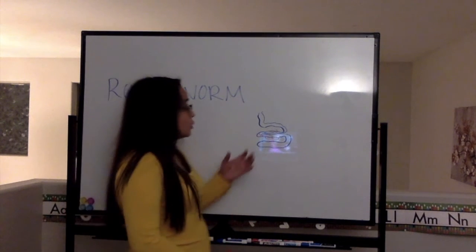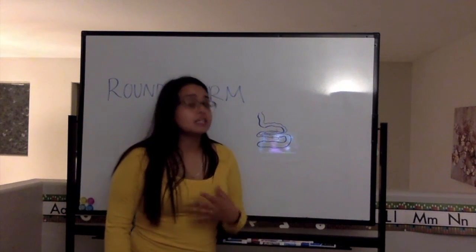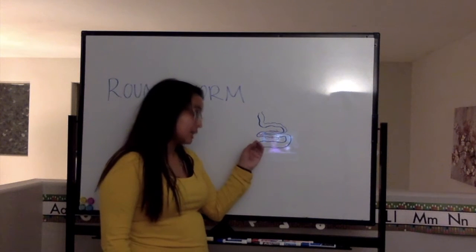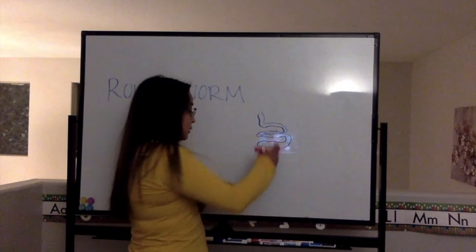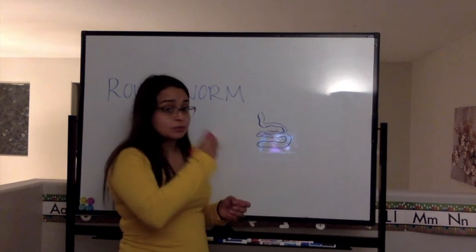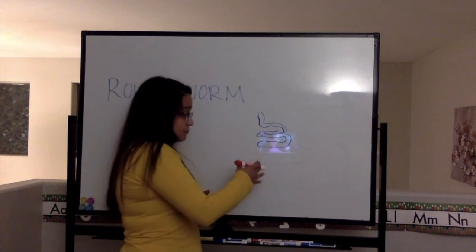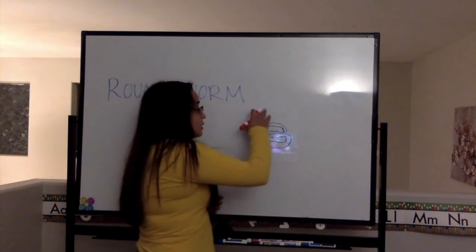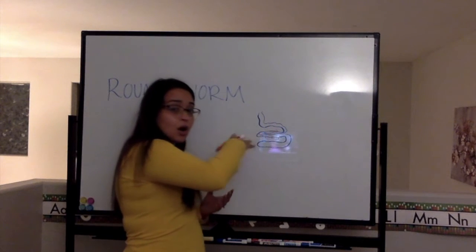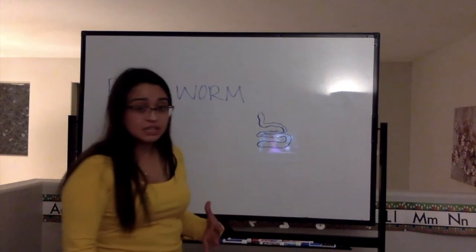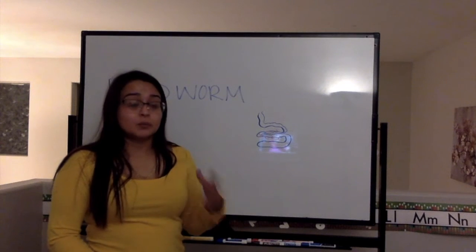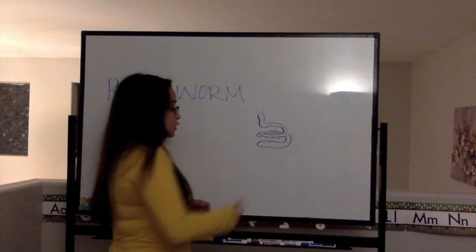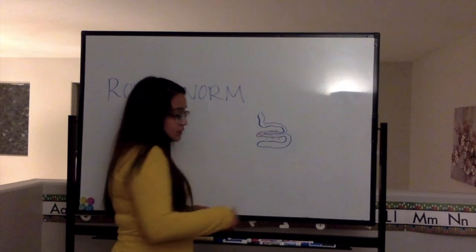So when the sperm reaches the egg and is able to fertilize it in the intestines, the eggs are expelled from the body with waste. So we all know how that happens, right? So it'll leave our body through waste.